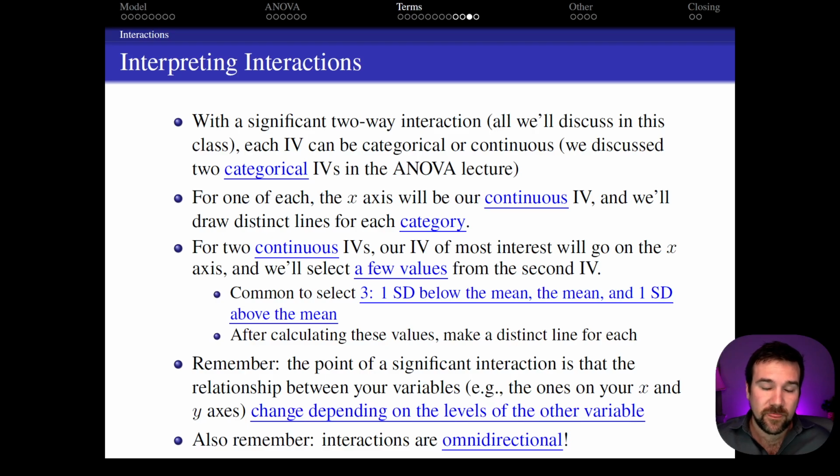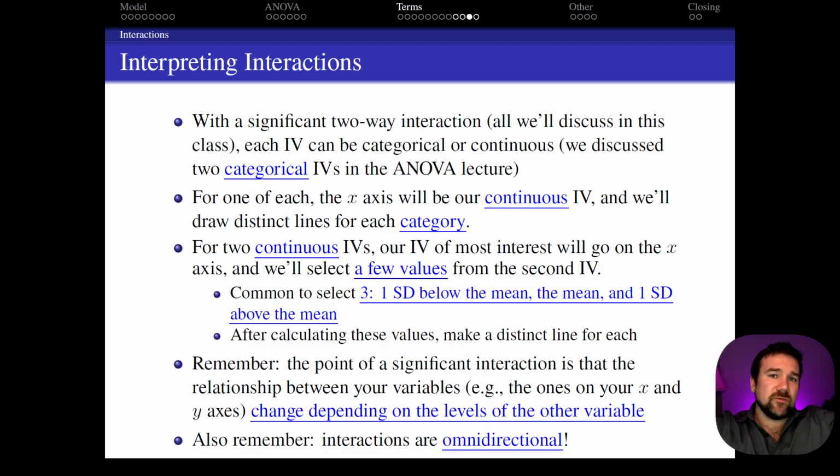It's also worth remembering this, especially in the case where we have 2 continuous independent variables, but it's equally important if we have, say, 2 categorical independent variables or 1 of each. And that is, interaction terms are omnidirectional.